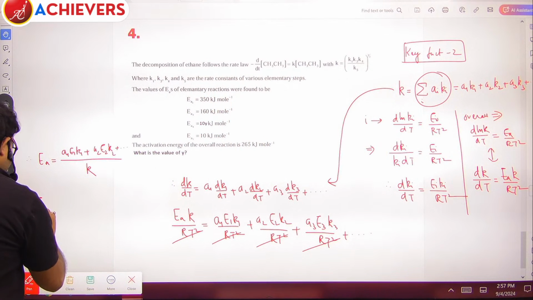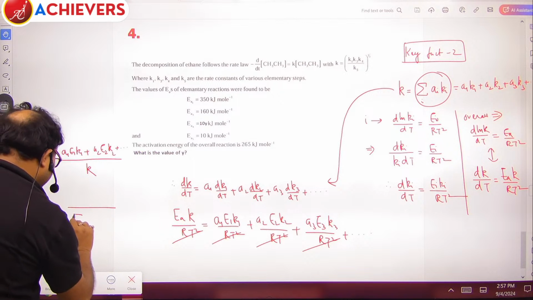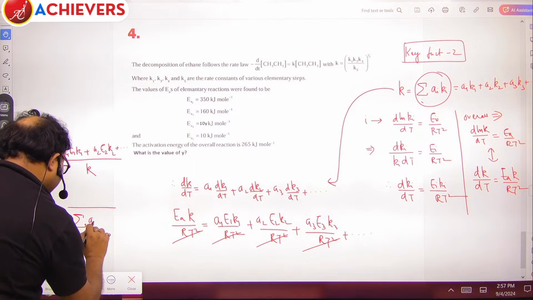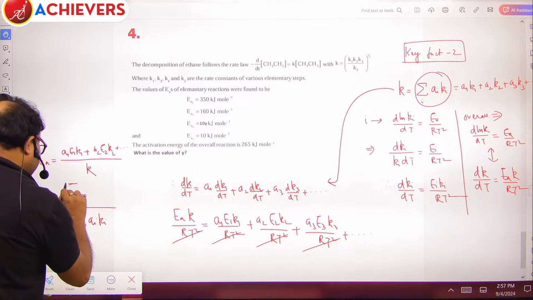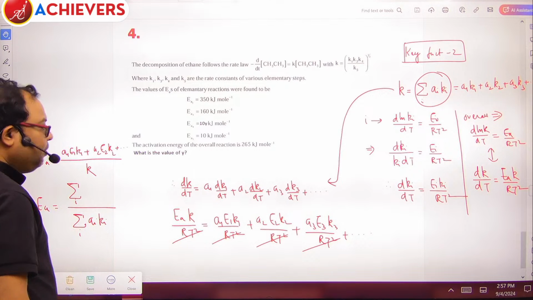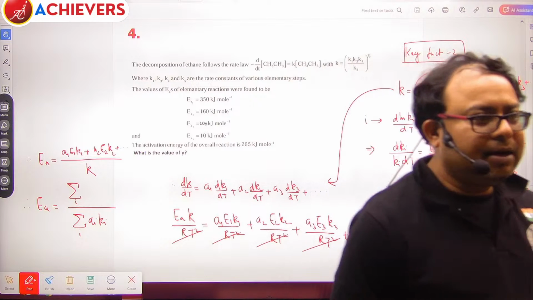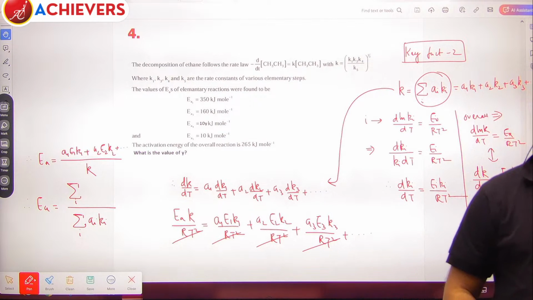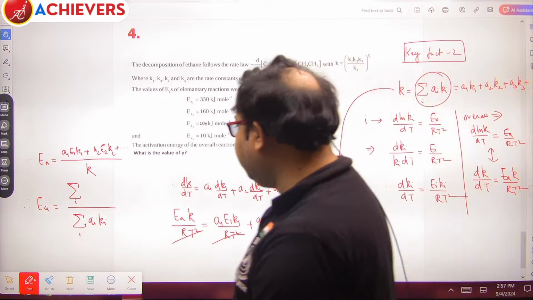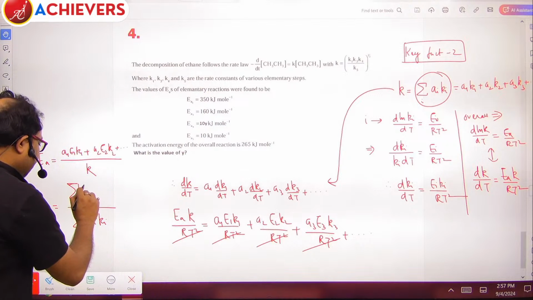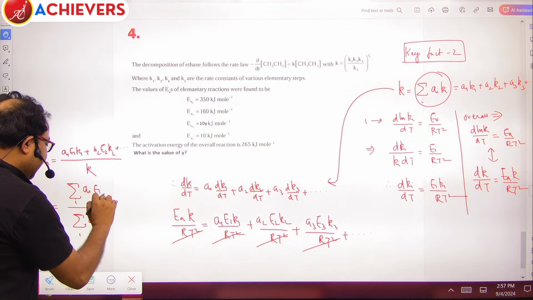So finally Ea becomes, in the denominator, summation over ai ki. And in the numerator, summation over ai ei ki.